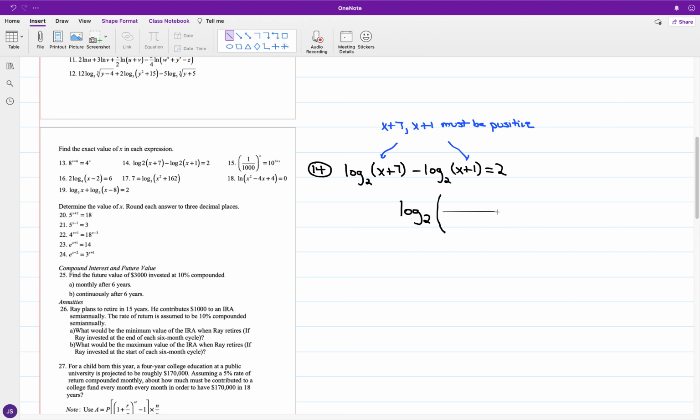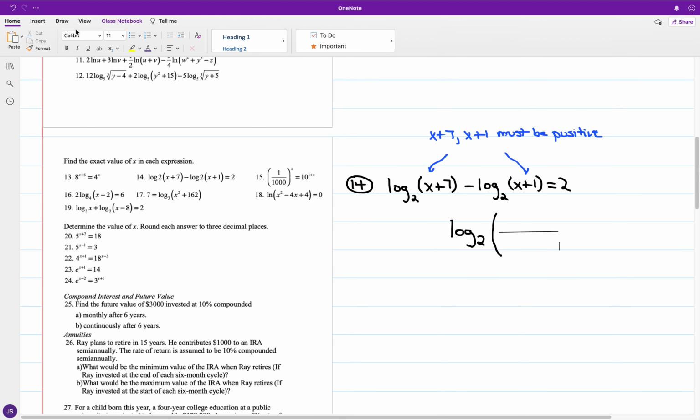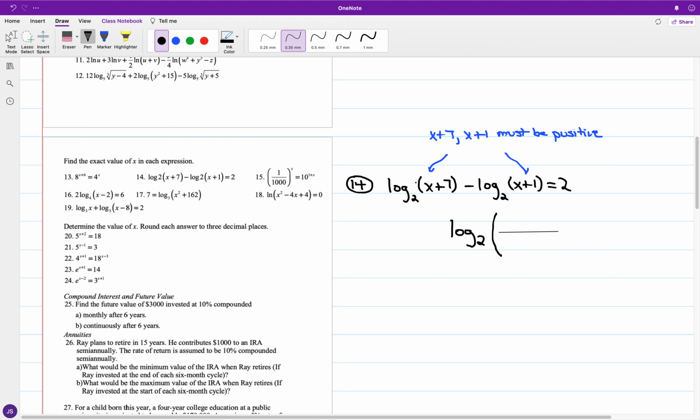Anything that stems from negative logarithmic terms, the attachment is going to be in the denominator. So x plus 7 will go to the top, and x plus 1, originating from this negative base 2 logarithmic term, will go on the bottom. Now we have the base 2 logarithm of the quotient x plus 7 over x plus 1 is equal to 2.